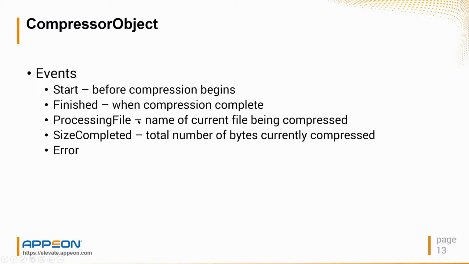Processing file: if you passed in an array of file names, it would respond back with the name of each file as it started working on it. Size completed triggers regularly to indicate how far along it is in the compression, so you can give status feedback to your users. And if anything goes wrong, the error event goes off.